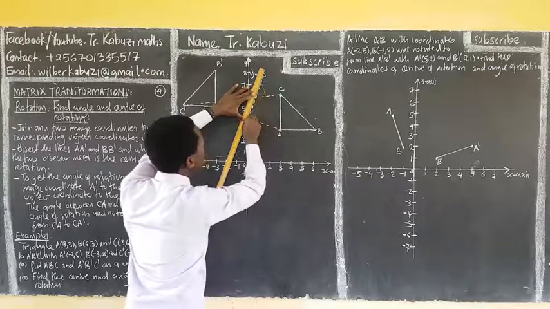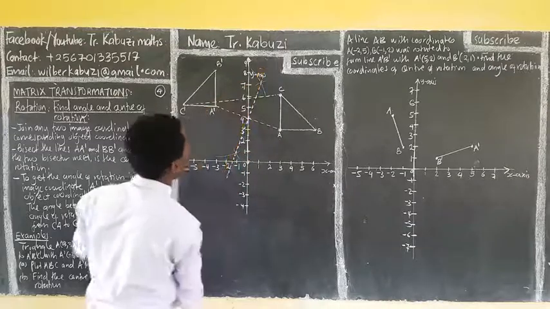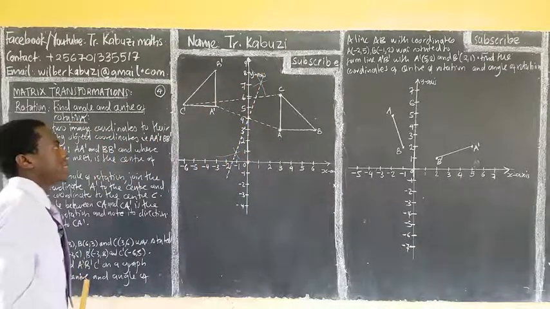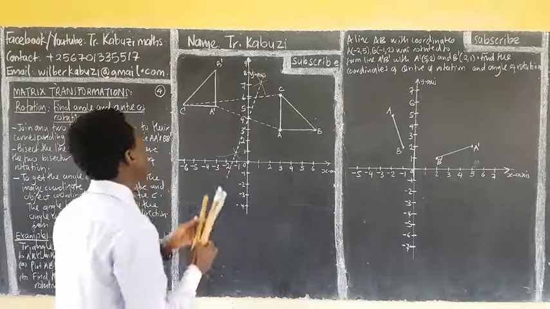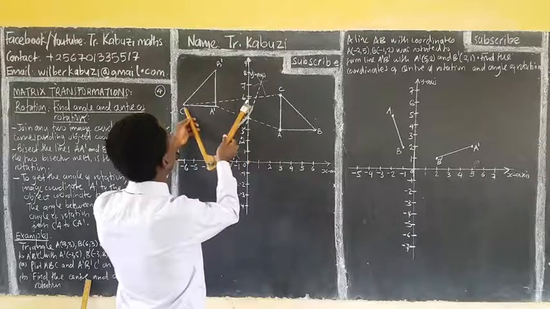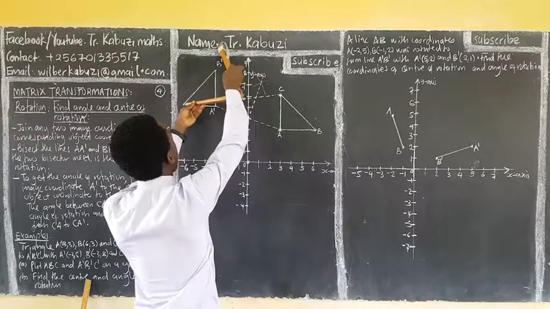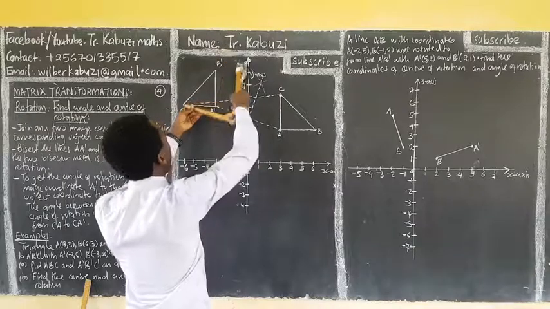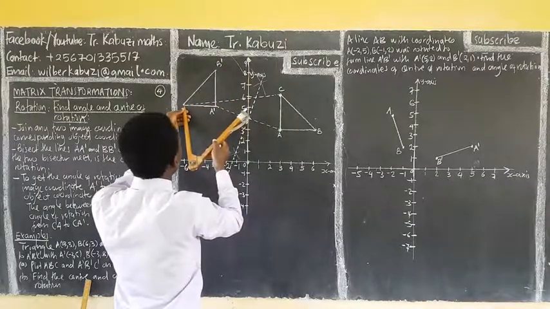We use the lines because it's just a procedure, the working. So I've joined it. Then after, we bisect C C prime also. Midway there. So I draw my arc around there, then also down.